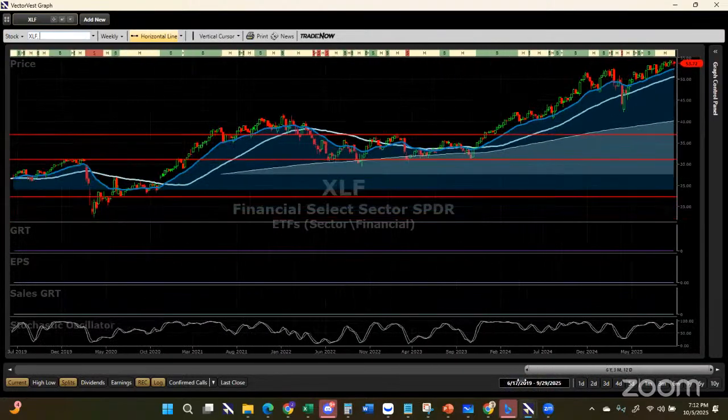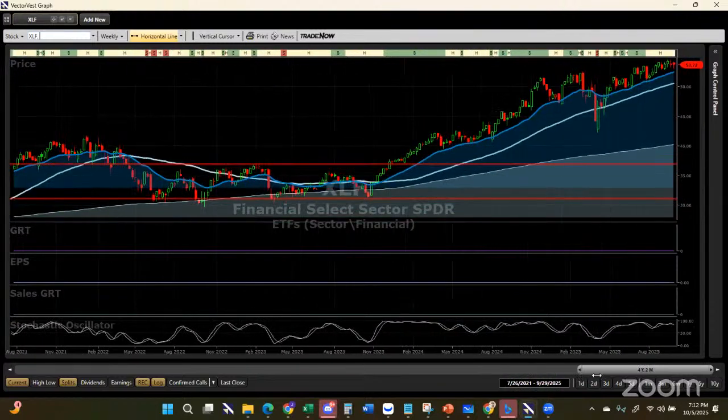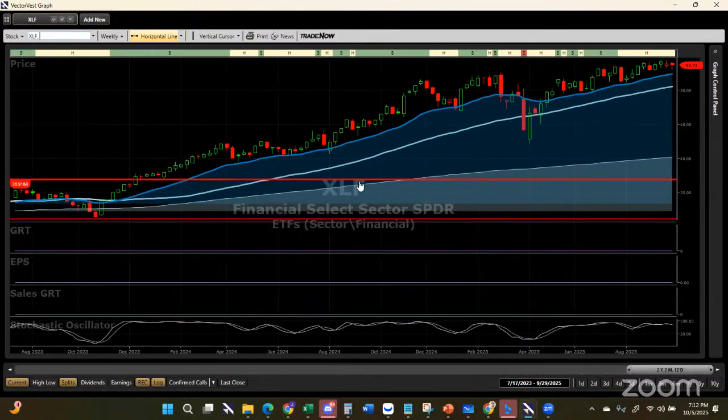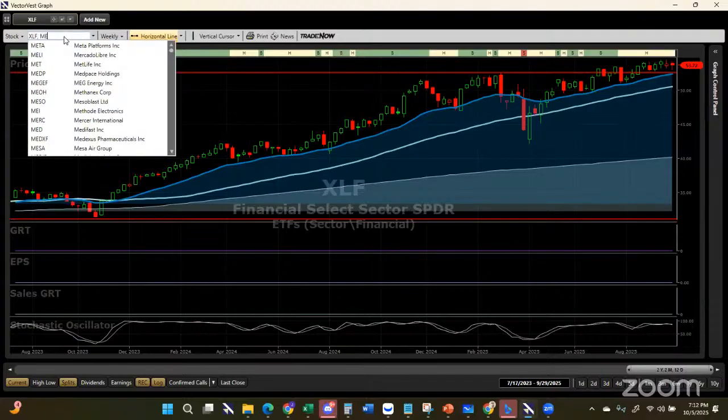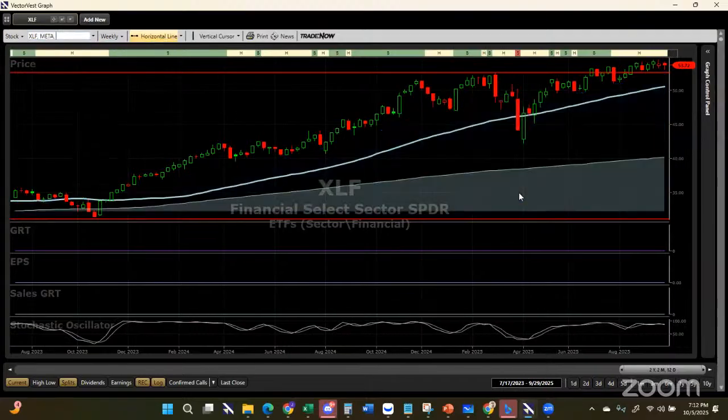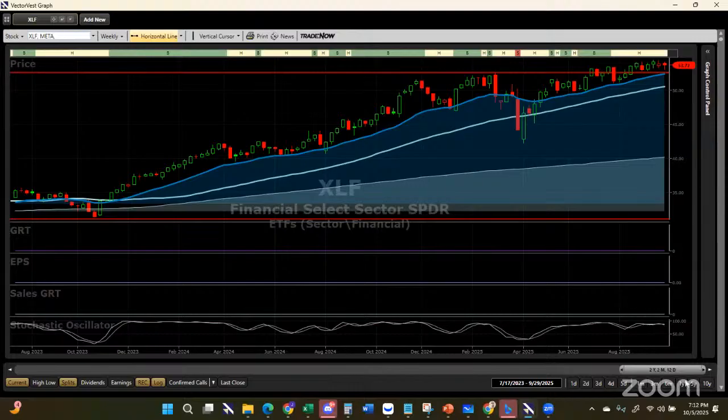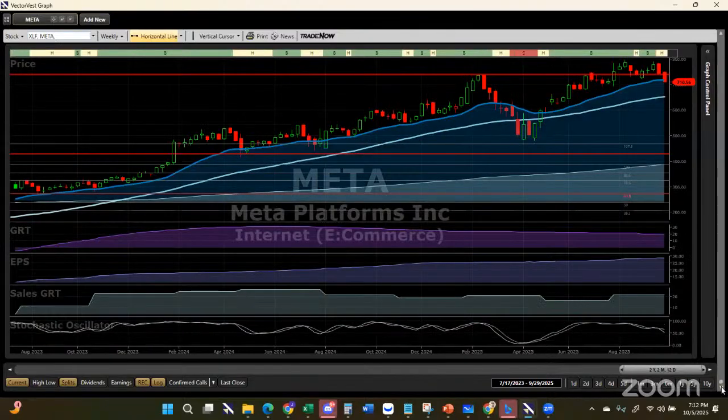It's an ETF, so yeah. Can you check Meta? Why is Meta down when the whole market is up? All right, let's take a look at Meta. Find the opportunity, the gap fill.